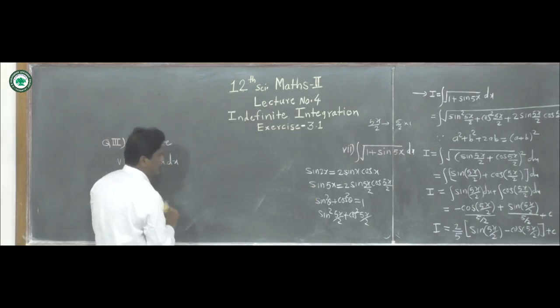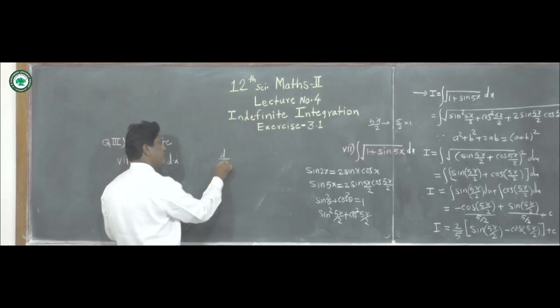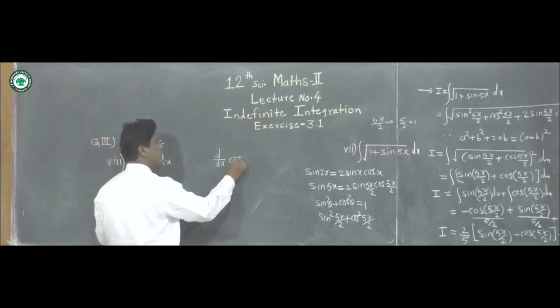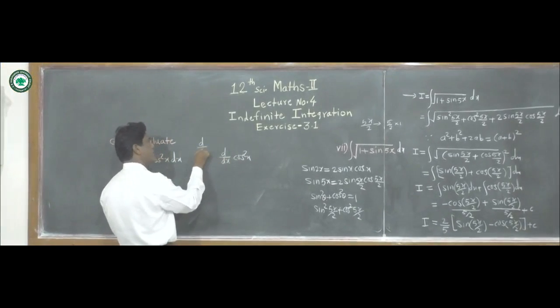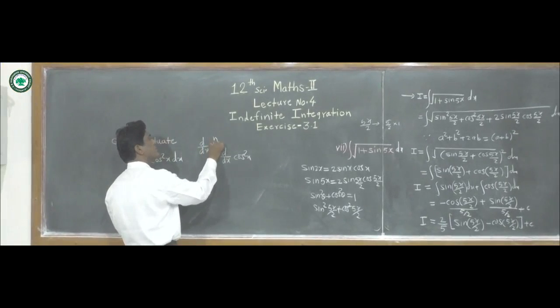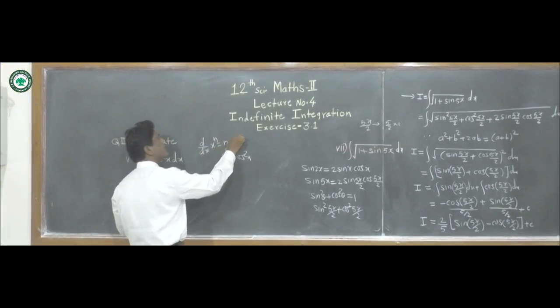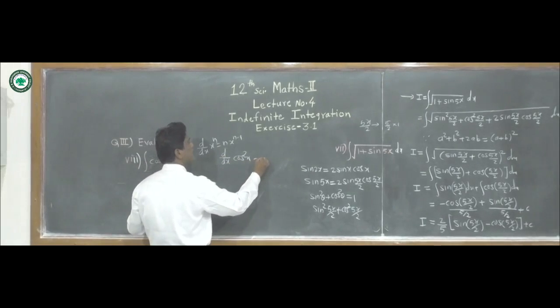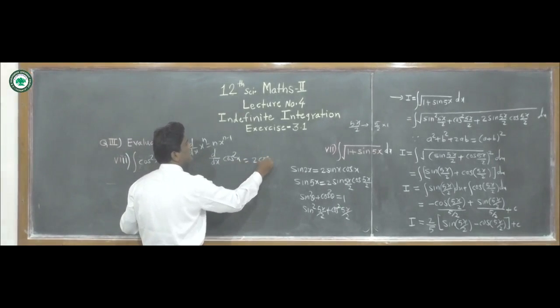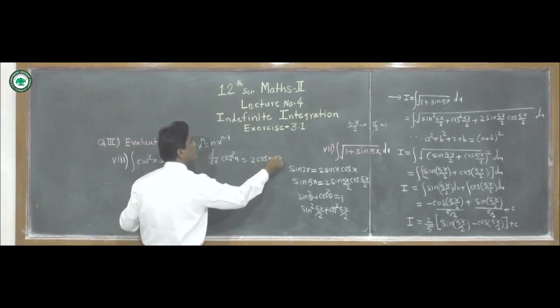Now when we take the derivative of cos square x, we use the formula d by dx of x to the power n equals n into x to the power n minus 1. So the derivative of cos square x is 2 times cos x, and again take the derivative of cos x.